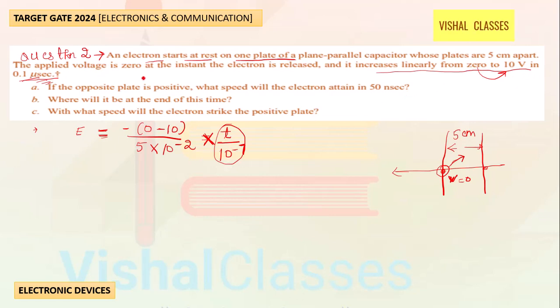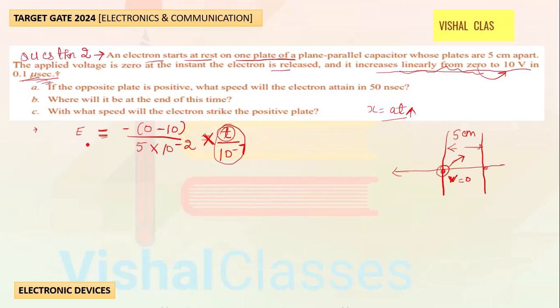Since the applied voltage is 0 at the instant the electron is released and it increases linearly, this is a linear variation with respect to t, and I am making this quantity, not the overall quantity, unitless, so that our unit will remain volt per meter.